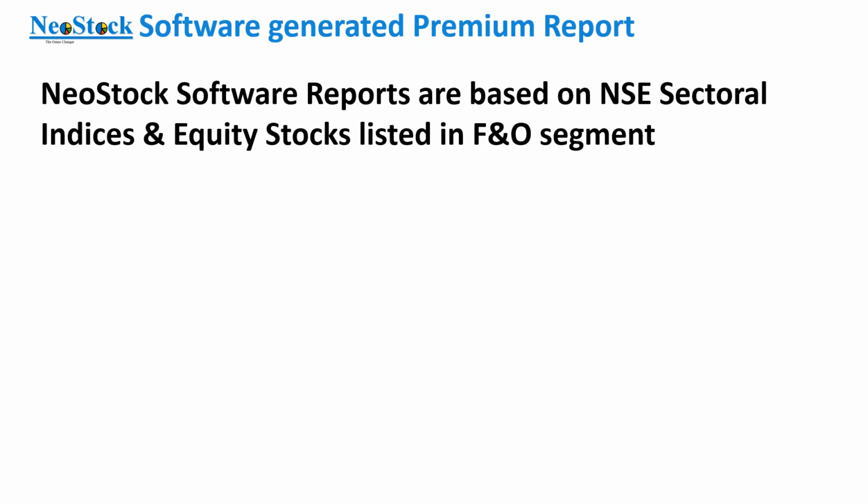Okay, what are the different reports we are providing? First of all, all our reports are based on NSE indices and equity stocks. These stocks are listed in F&O, but they are not F&O data, because we should not analyze F&O data. F&O data has premium values, and those premium values won't give you exact allocations.